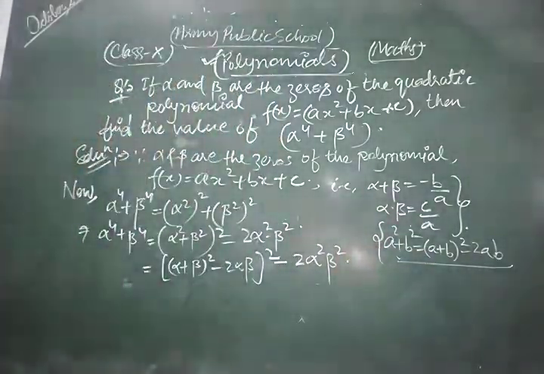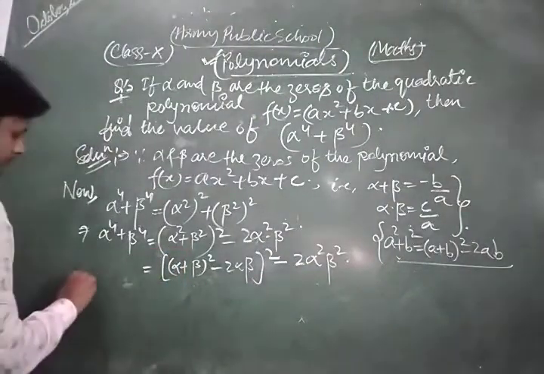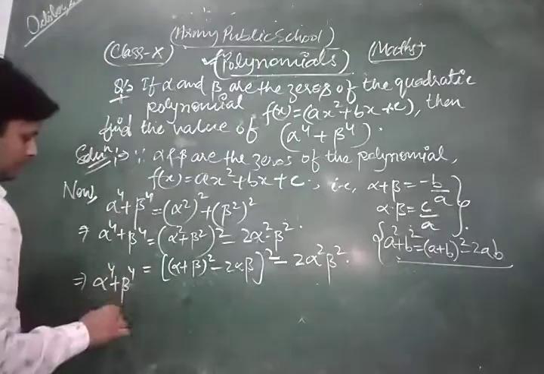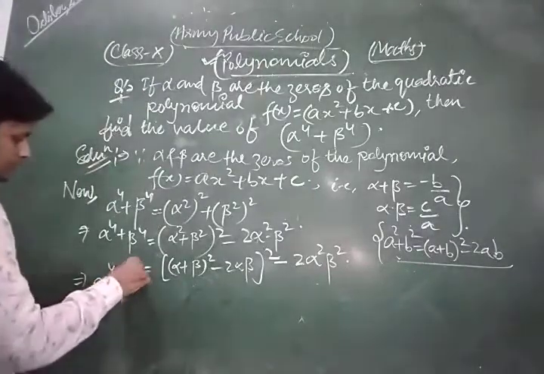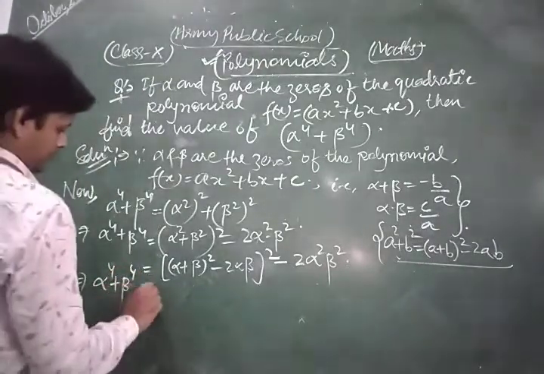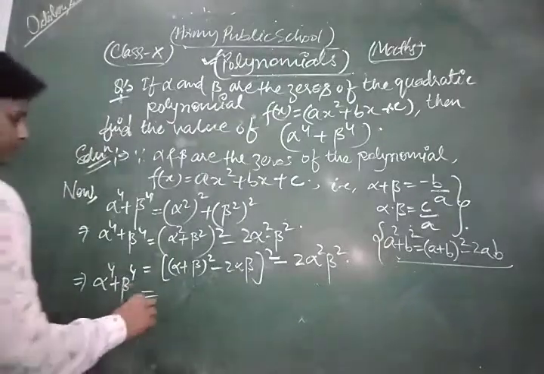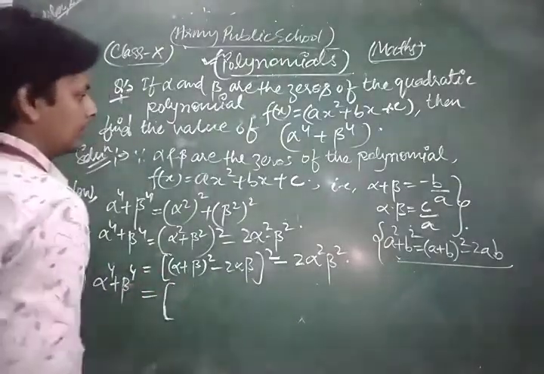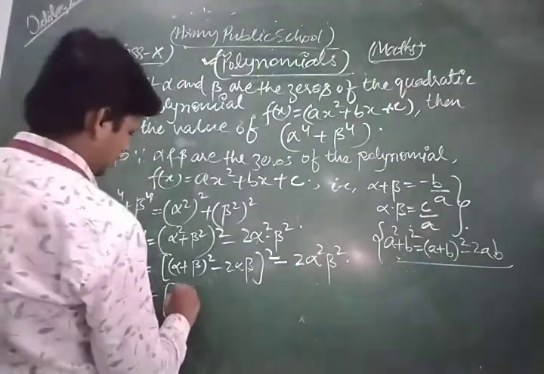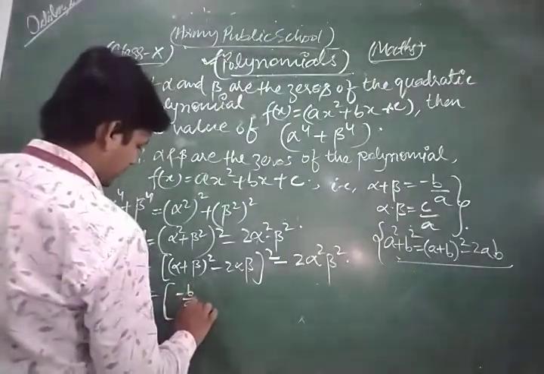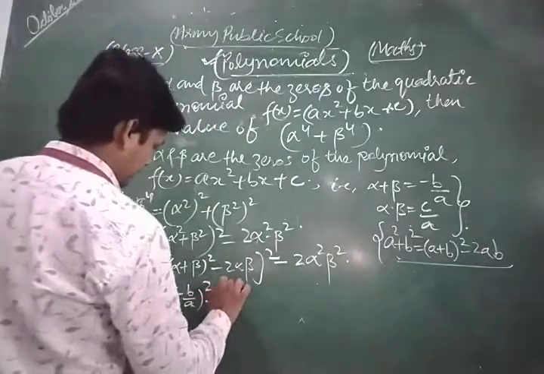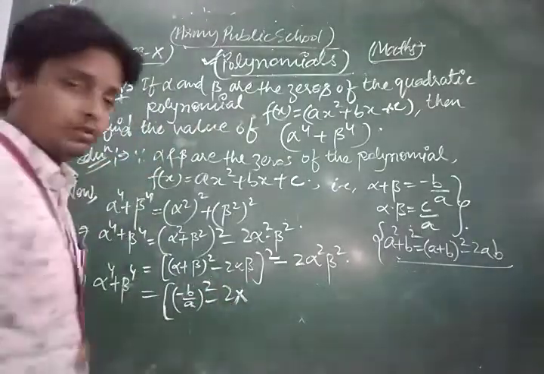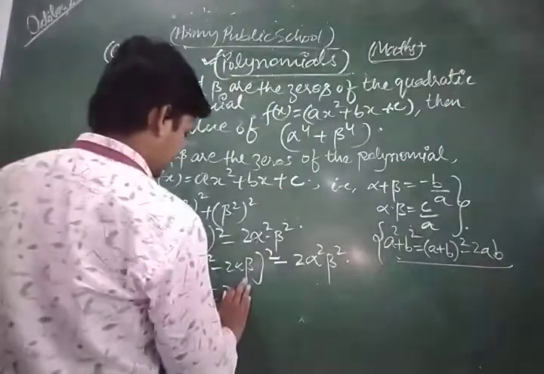Now here we put the values. Alpha plus beta is minus b by a, minus 2 into alpha beta, and the value of alpha beta is c by a.